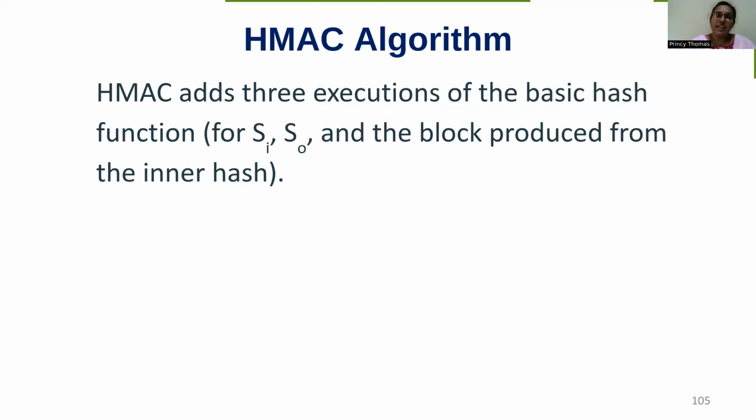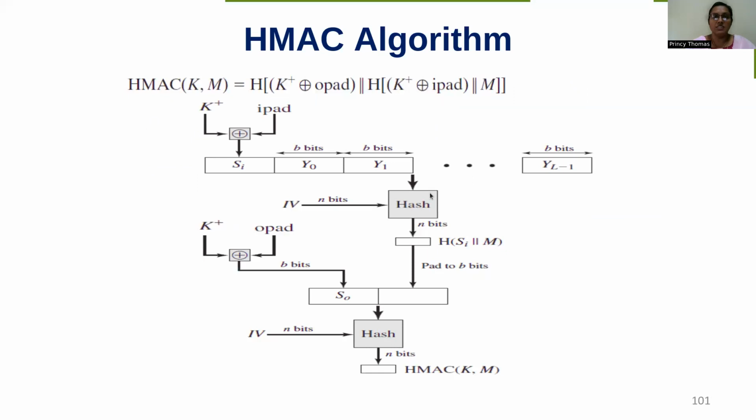HMAC adds 3 executions of the basic hash function. That is, first you see that there is a hash function for SI, SO, and the block produced from the inner hash. So basically, there are 3 executions of the basic hash. Just let's look over here. You can see over here, first there is a hash for this particular value.